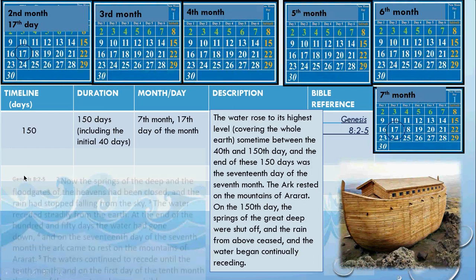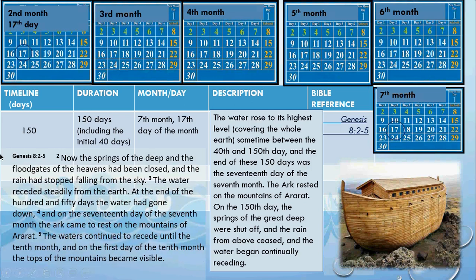And here we're repeating it again in Scripture. Genesis 8:2 through 5. Now the springs of the deep and the floodgates of heaven had been closed, and the rain had stopped falling from the sky. The water receded steadily from the earth.